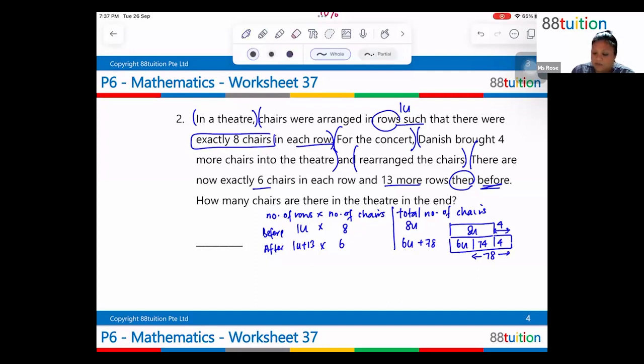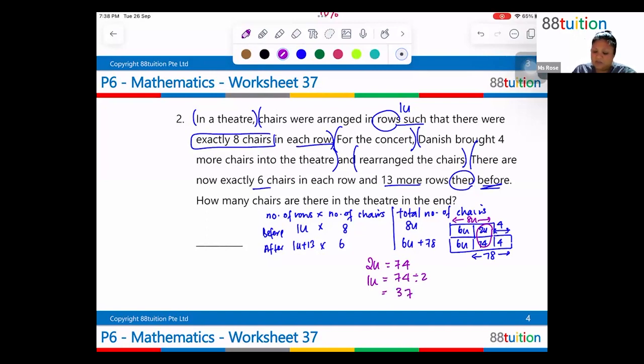So make parts equal. When I make parts equal, I will have 6 units and 2 units. Why? Because this is supposed to be your 8 units. So we know that 2 units is equal to 74. So 1 unit will be 74 divided by 2 to give me 37.